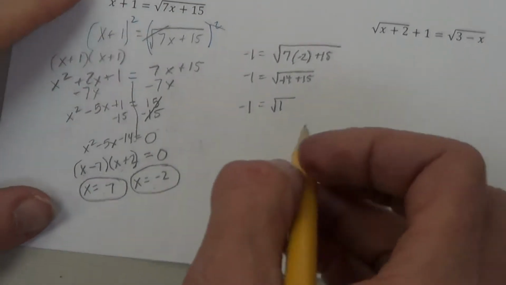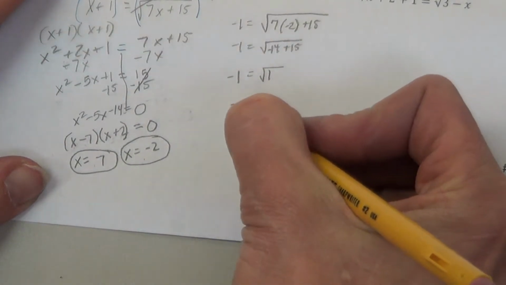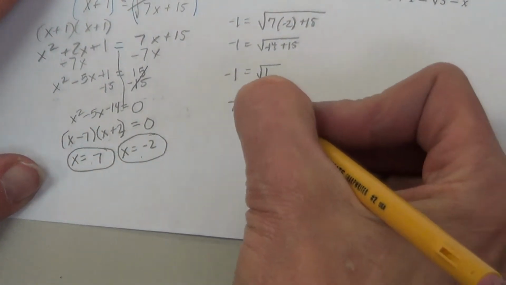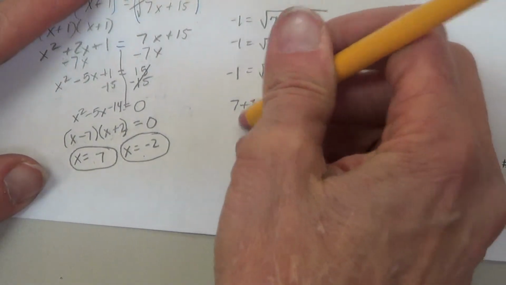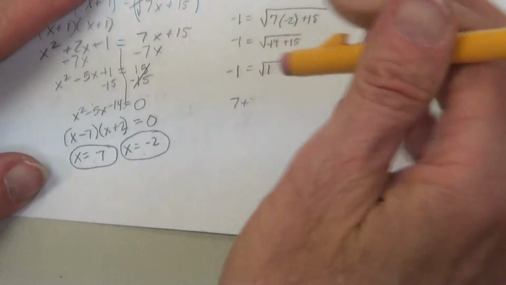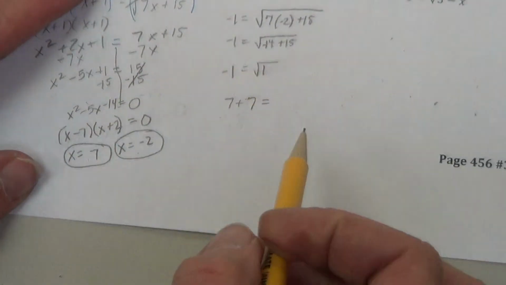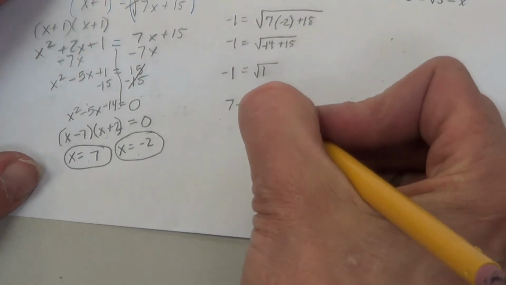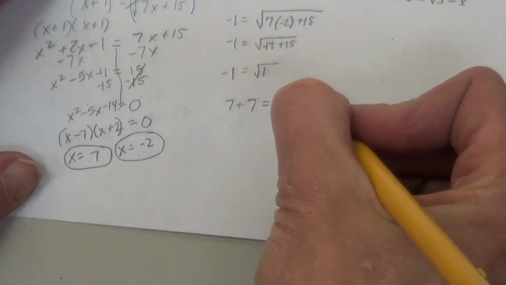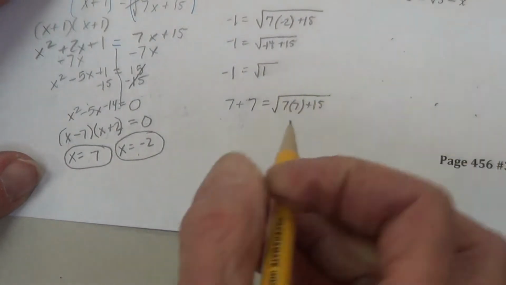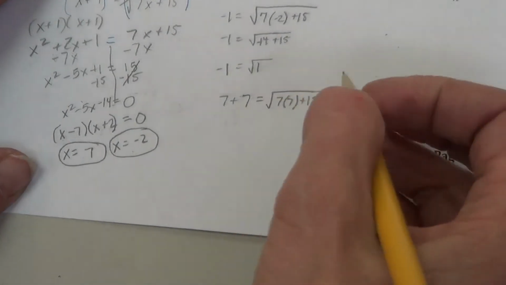So let's look at the other one. 7 plus 1 is 8, or I'm sorry, 7. That was our other option there. We have 7 times 7 plus 15. 7 times 7 is 49.